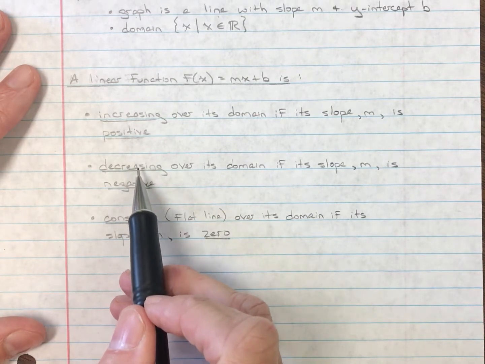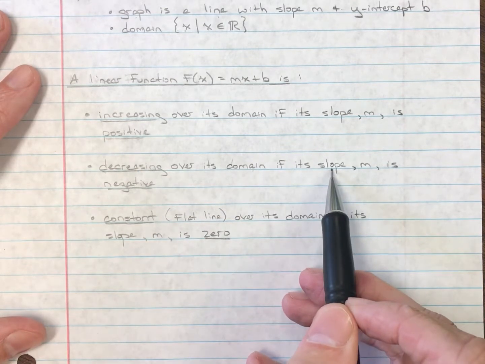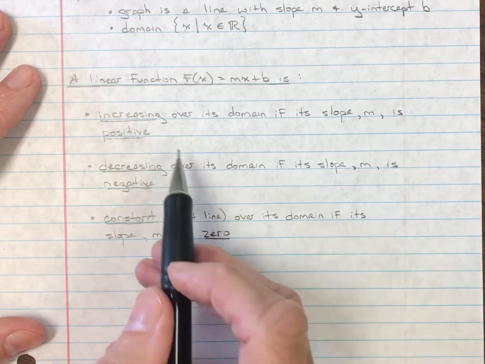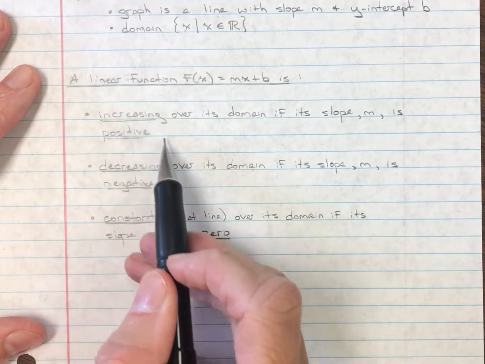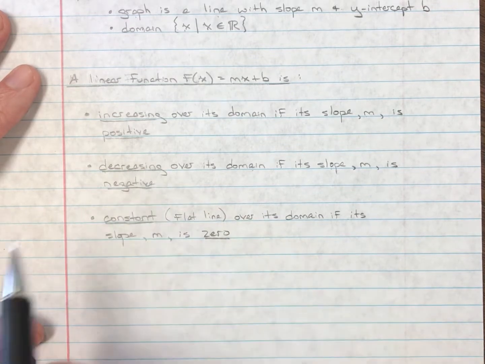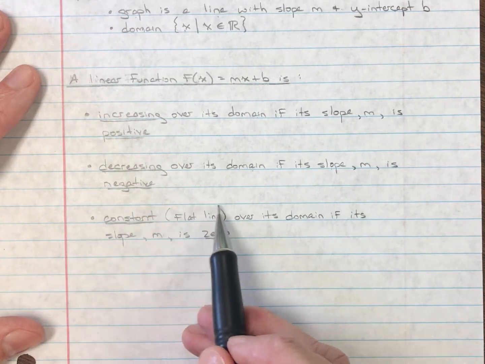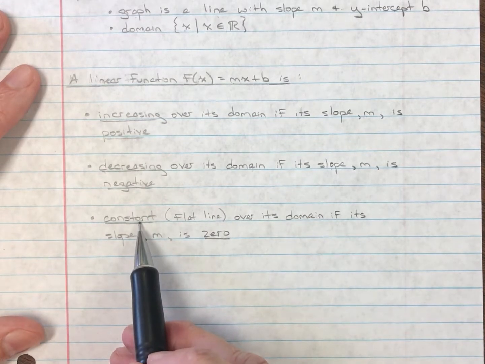A linear function is decreasing over its domain if its slope is negative. So the slope is going down from left to right, just like a line, because it's a linear function, it's a line, and we have a decreasing function.